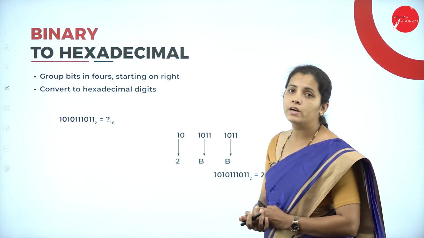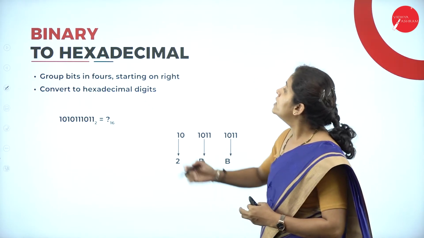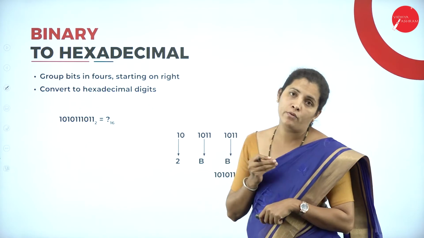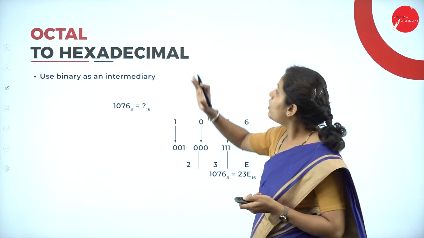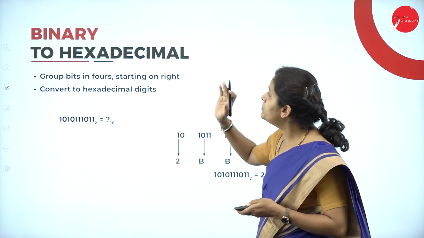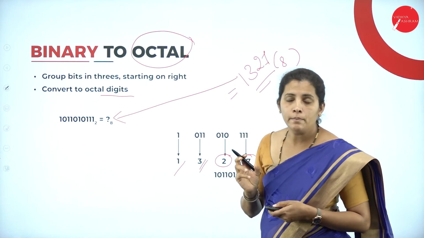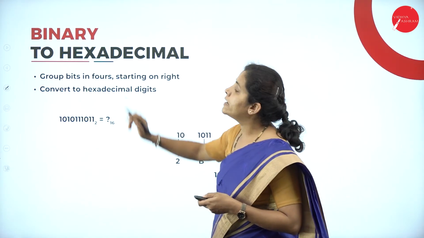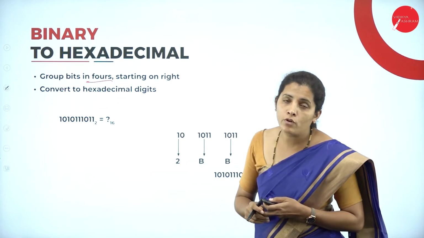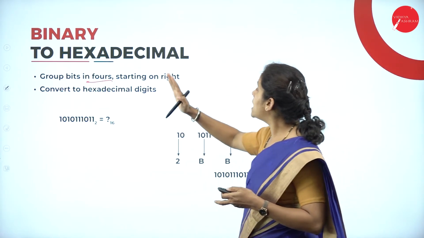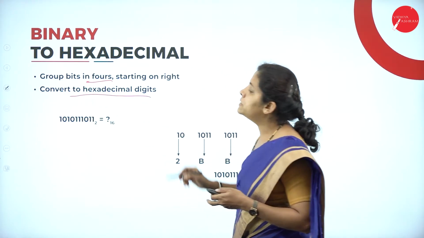Moving further, we are going to get binary to hexadecimal. So here we are going to group 4 bits. Dear students, just remember that in octal we are going to club 3 bits, whereas in hexadecimal we are going to group 4 bits together starting on right to convert to a hexadecimal digit.